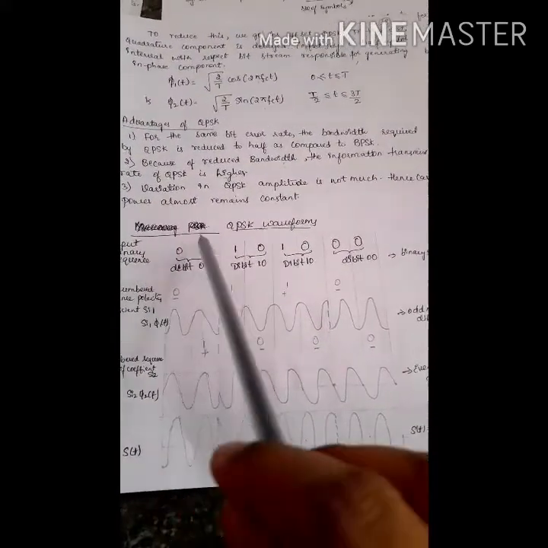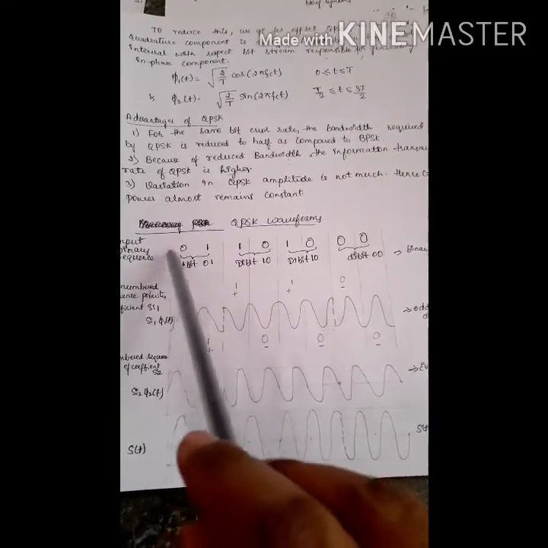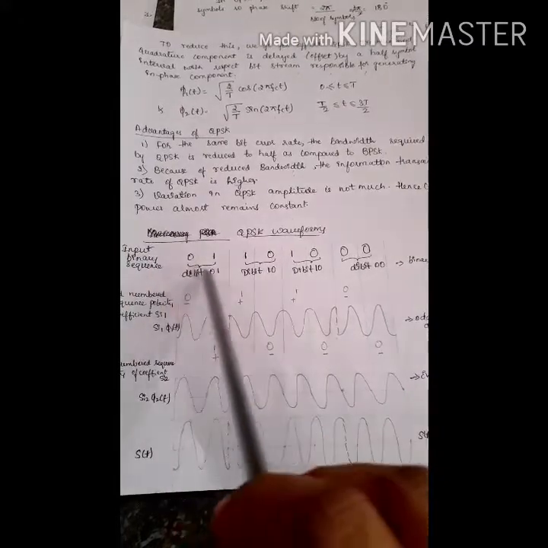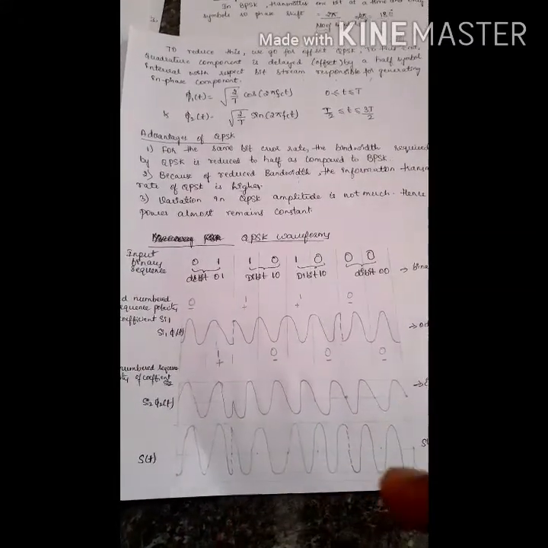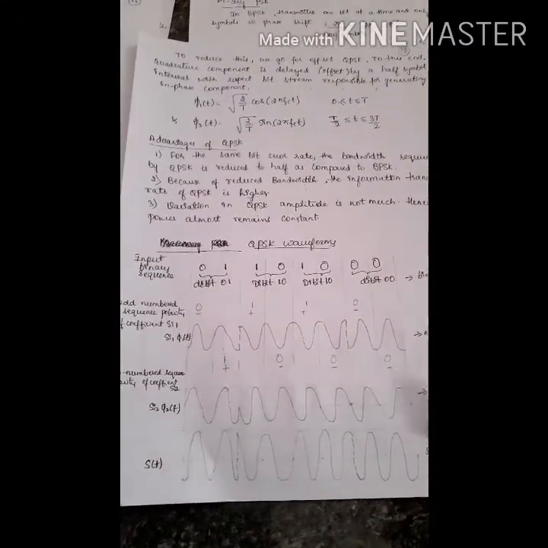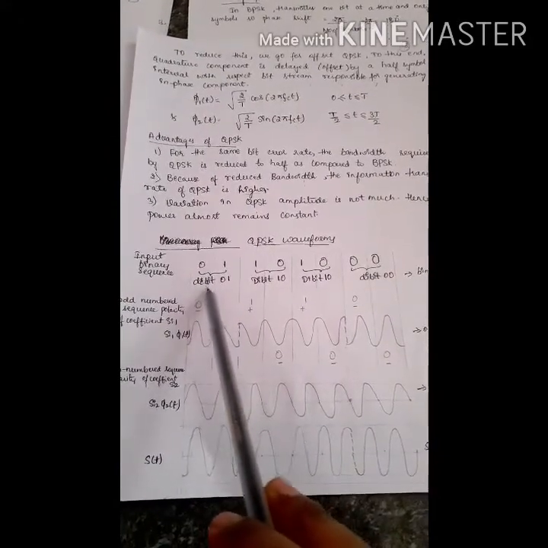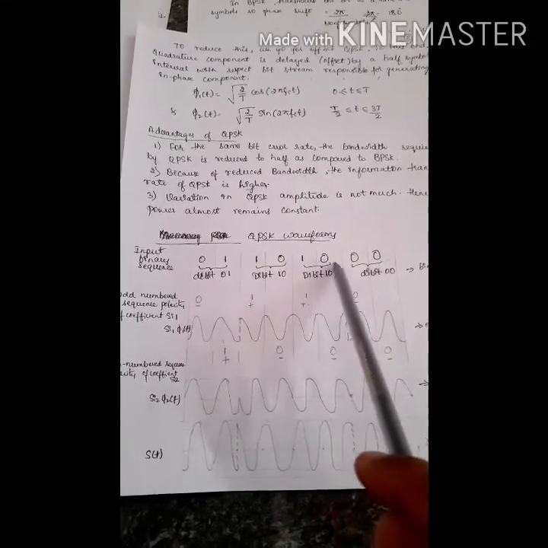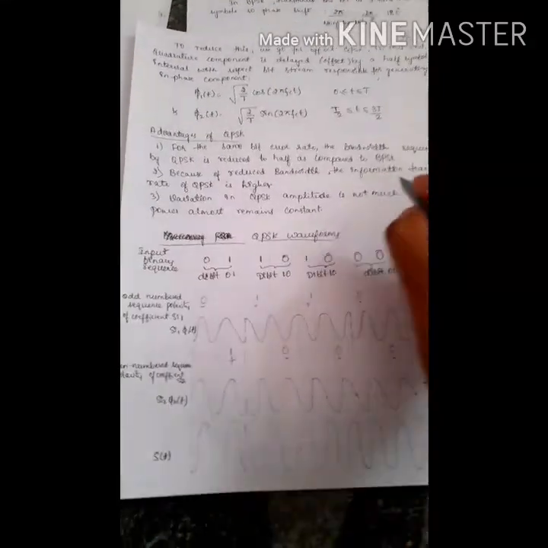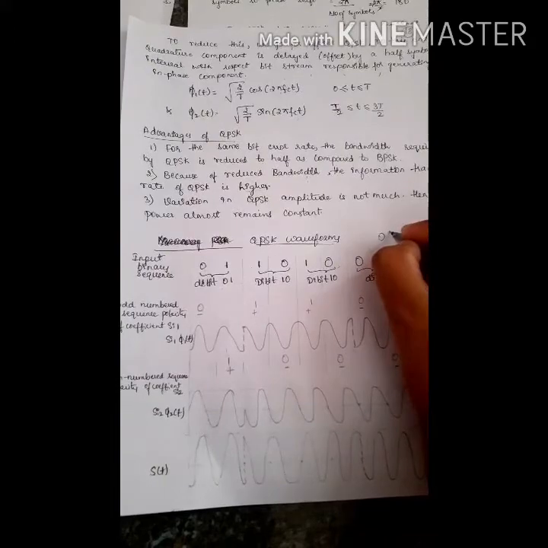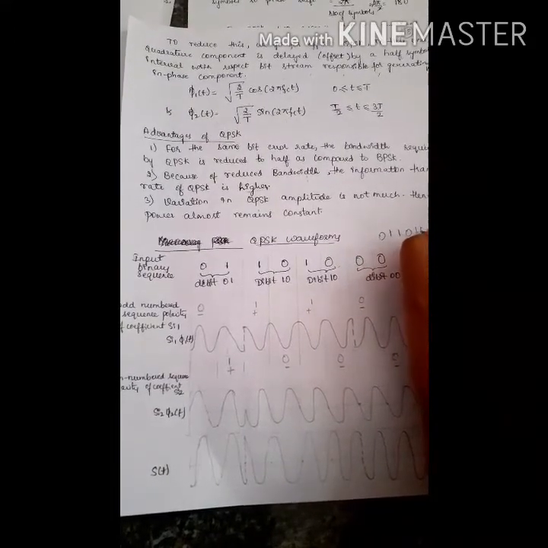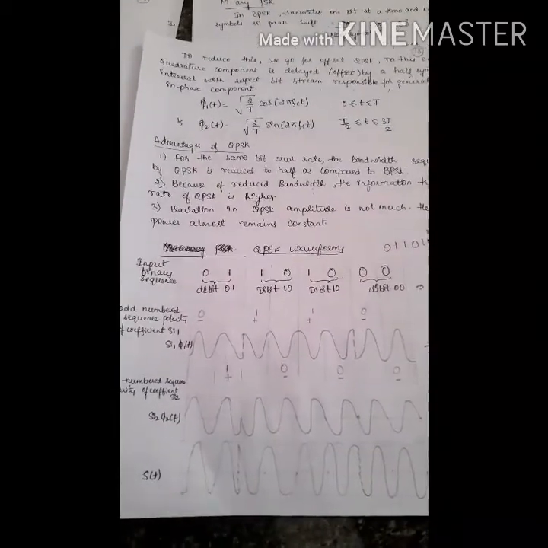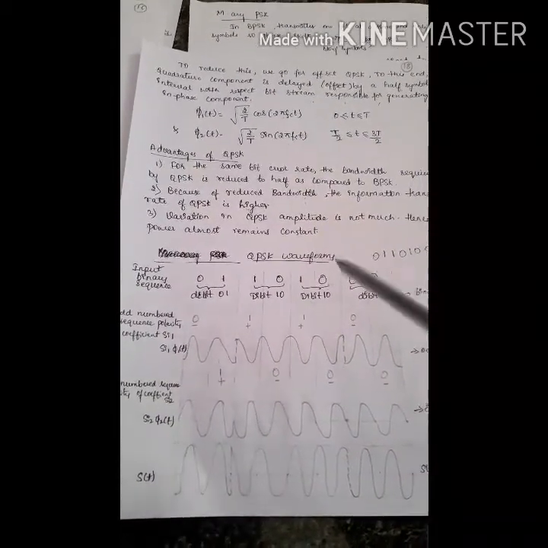Consider here a binary stream 01101000. For the input binary sequence, we consider 2 bits as 1 dibit. This is 01 as 1 dibit, this is 01, and 10 is 1 dibit, 10 is 1 dibit. For the given sequence, 0 1 1 0 1 0 0 0, we split into the odd-numbered bits and the even-numbered bits.